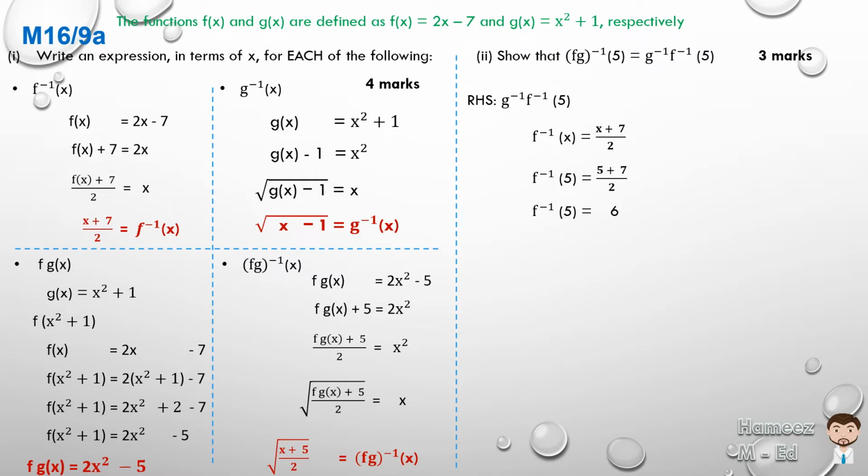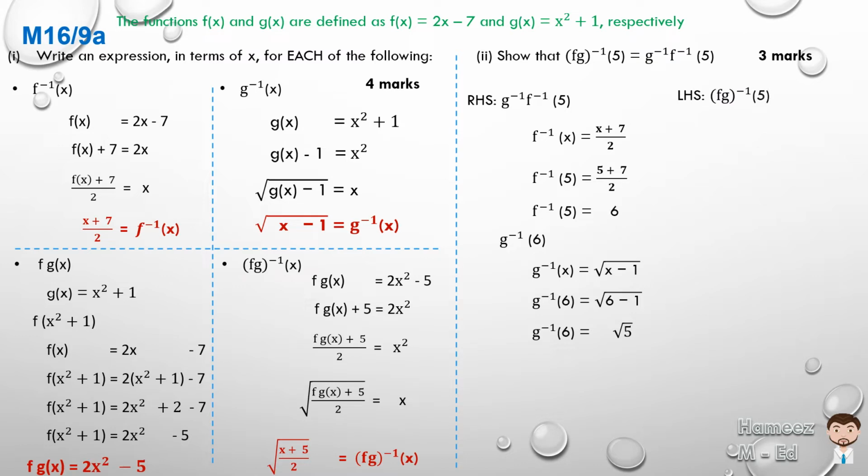So we can now rewrite that composite function to be g inverse of 6. And g inverse x is equal to the square root of x minus 1, which we previously got. And if we want g inverse 6, that will be equal to the square root of 6 minus 1. 6 minus 1 is 5, so g inverse 6 is equal to the square root of 5. And we could leave it right there.